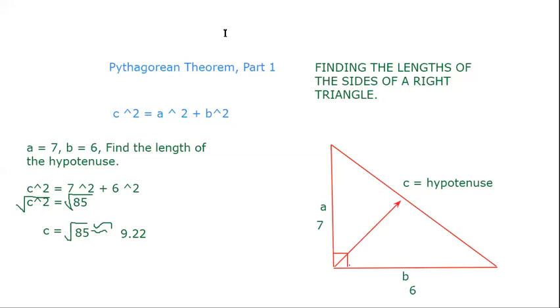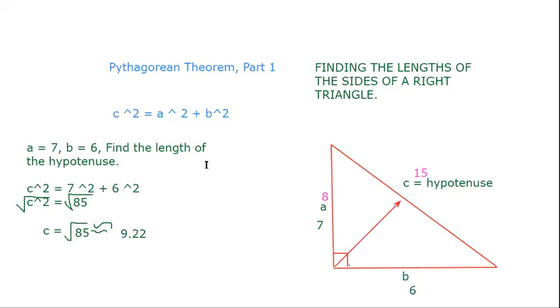So let's say we're given that A equals 8 and the hypotenuse equals 15. We're going to use our same exact formula, C squared equals A squared plus B squared.